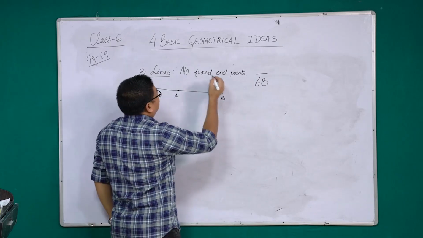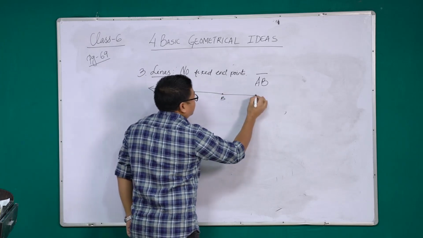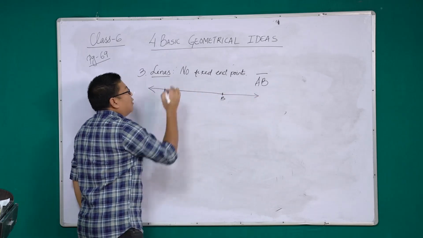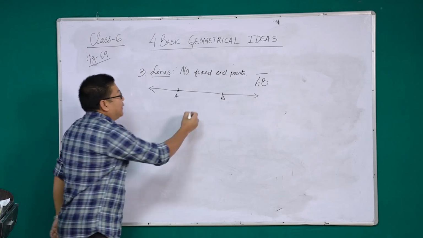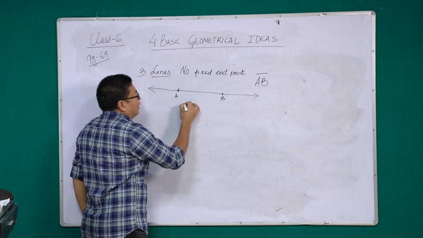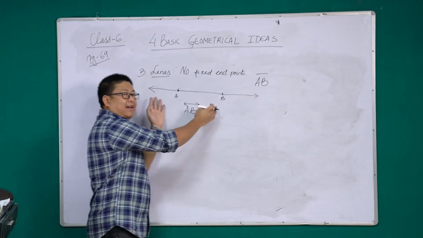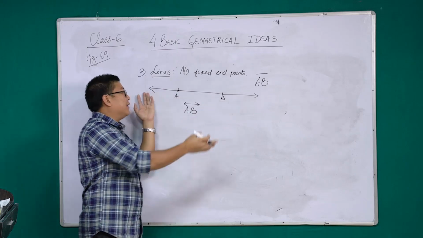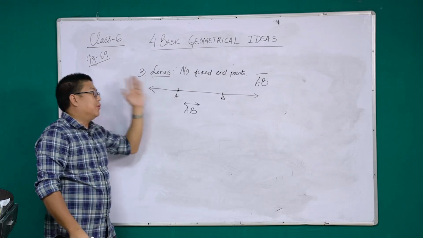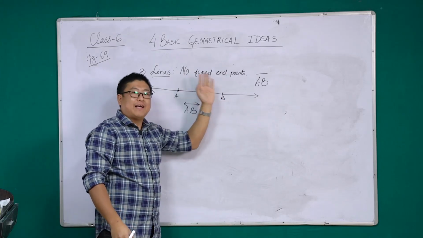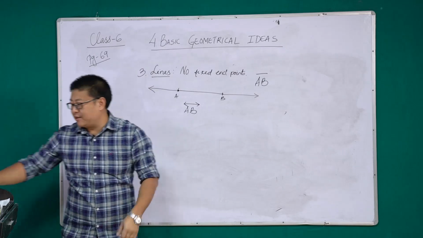In line segments we have endpoints; in lines, we have no endpoints. This will be denoted as line AB with arrows on both sides, which means these lines have no end. We don't know how far it goes. So lines have no fixed endpoints, and line segments have fixed endpoints. I hope this is clear.